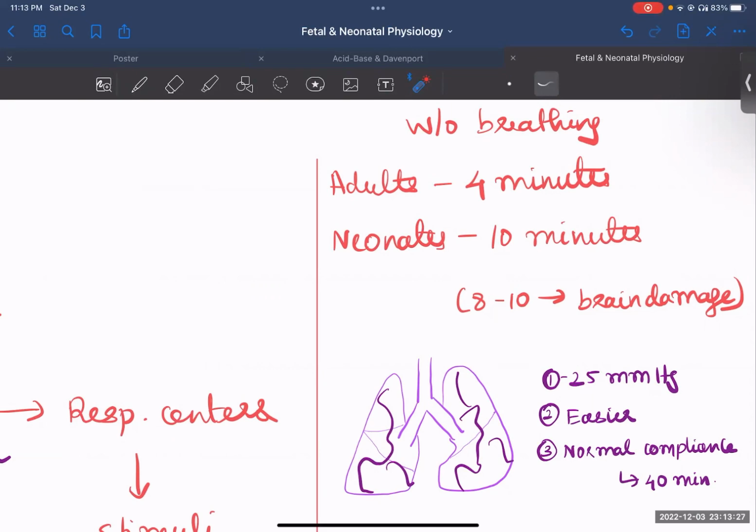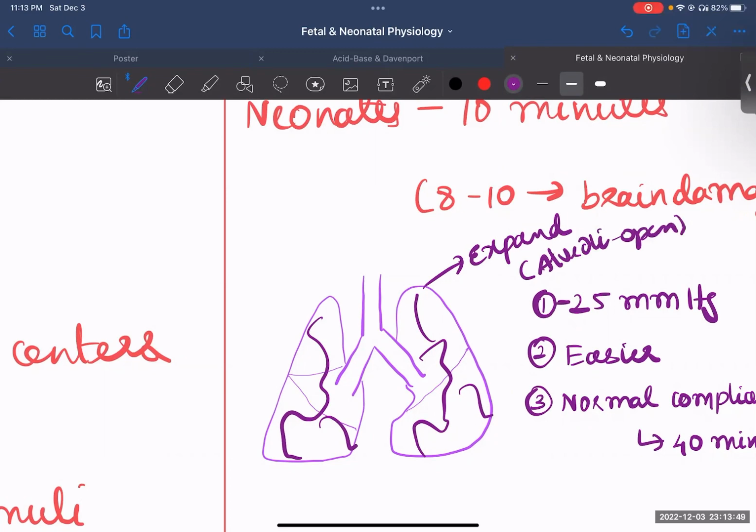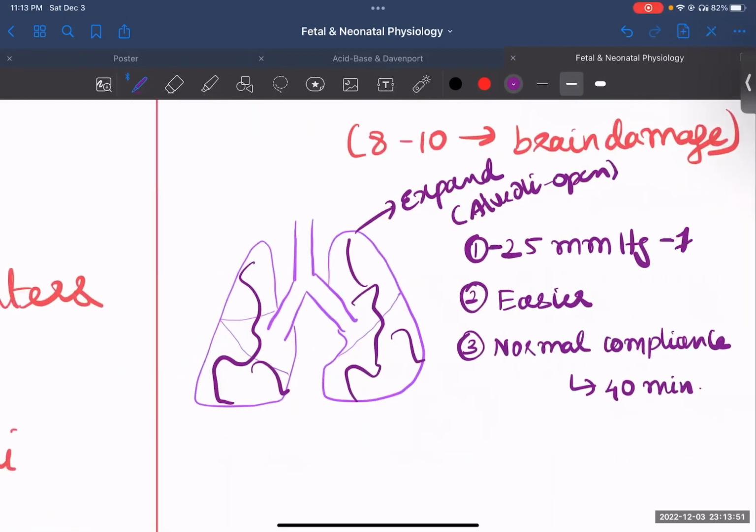Now, let's see how this happens more physiologically. This is the lungs before birth, a collapsed lung. There should be a pressure of minus 25 millimeters of mercury to make this collapsed lung expand so that the alveoli will open. That will give your first breath.